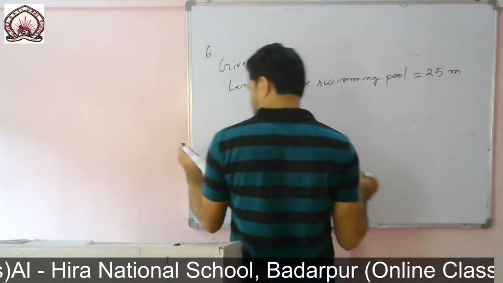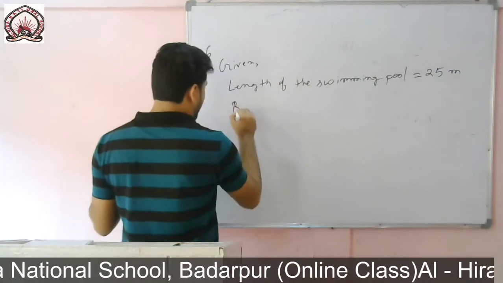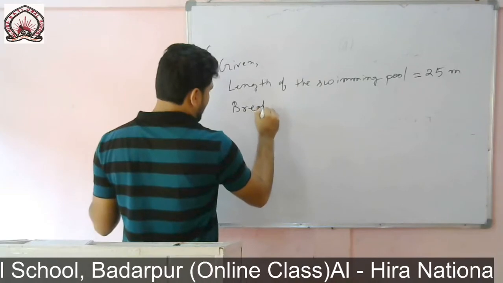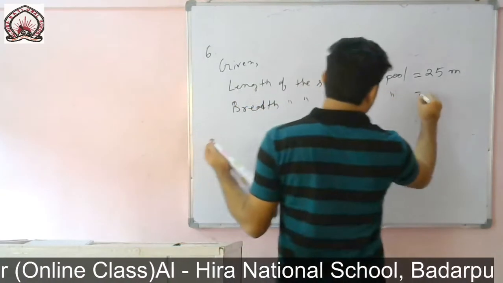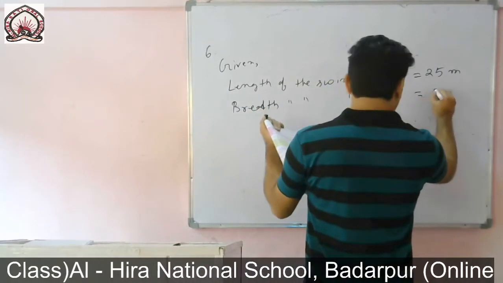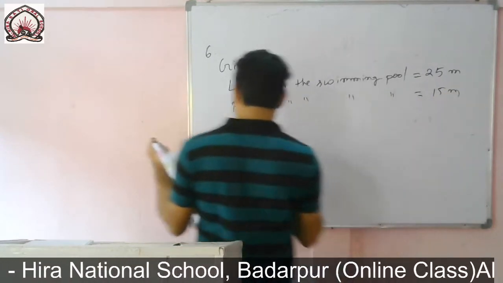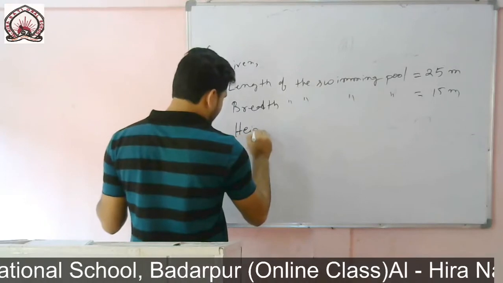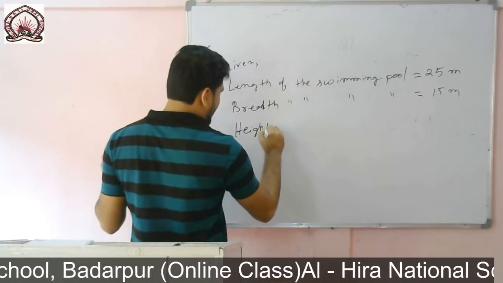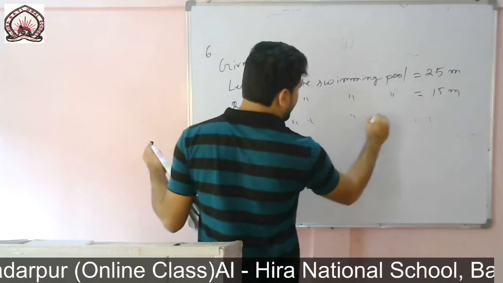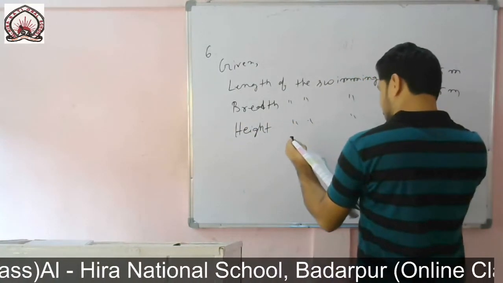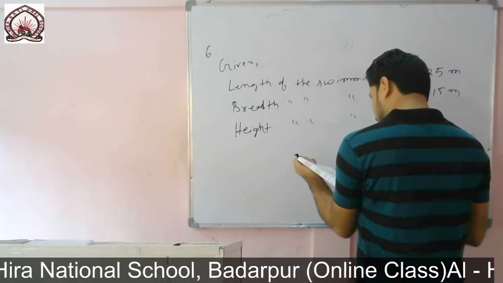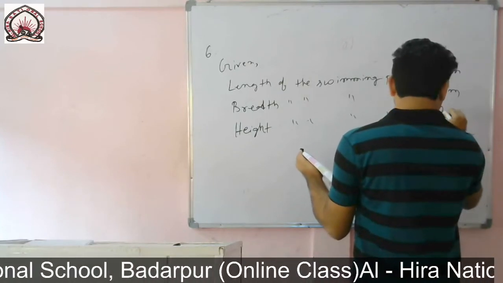Okay, so breadth of the swimming pool equals to what? 15 meter. Okay, and height of the swimming pool equals to 2 meter.